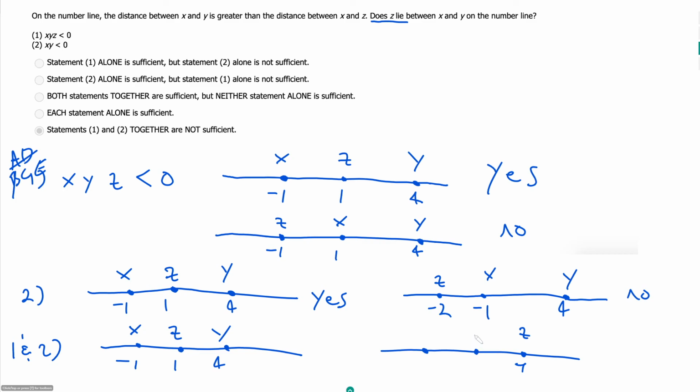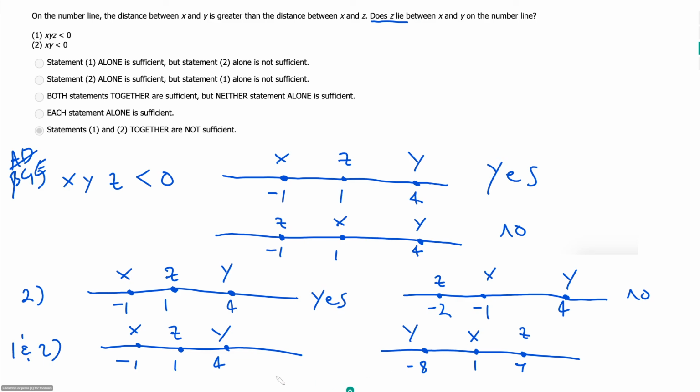And so I'll say x is at 1 and y is at -8. Does this work? So x times y times z is less than 0. That looks like it checks out. x times y is less than 0. Checks out. The distance between x and y is greater than the distance between x and z. Checks out.